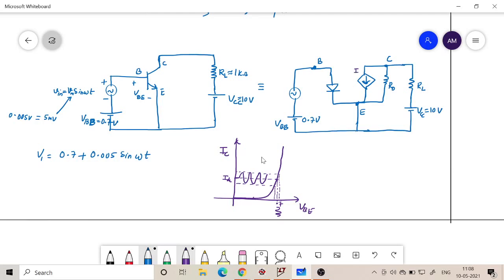The current source will give a current, say I. If I write the expression for it, I is basically given by Is into e raised to (0.7 plus this Vin) divided by 0.026. Let's look at this expression more closely.